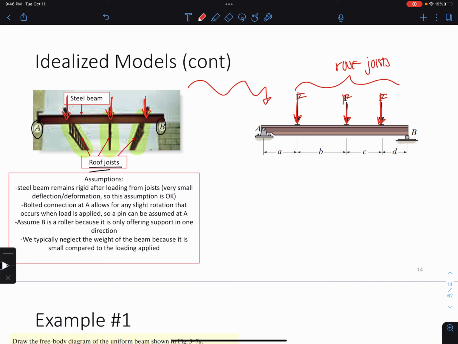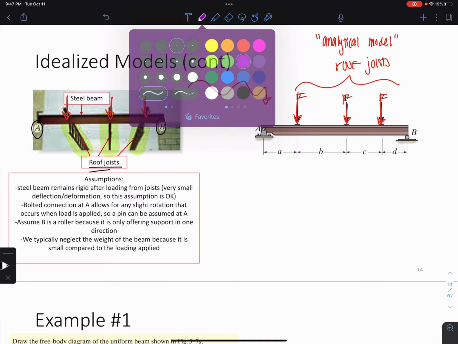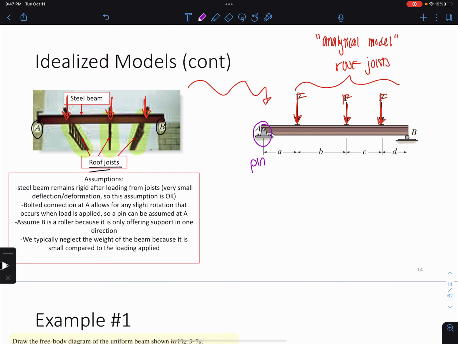Now, we make a few other assumptions here in order to go from this idealized model to the analytical model. So this is called the analytical model. We're also going to assume that on one side we have a pin and on one side we have a roller, because for the most part, for a pin we are not allowed to move in X or Y, but allowed to rotate.